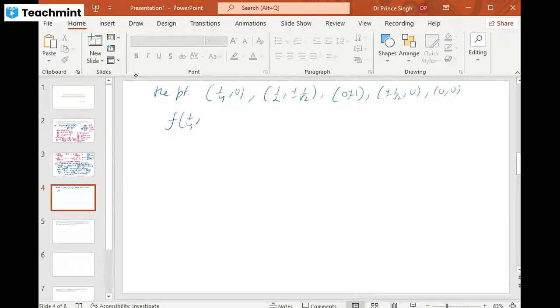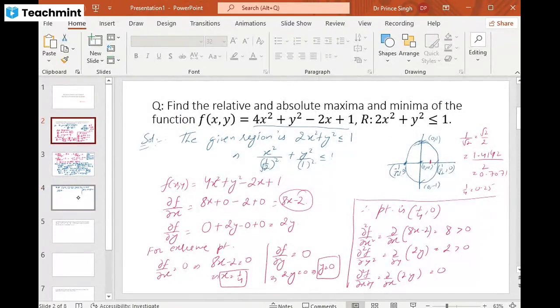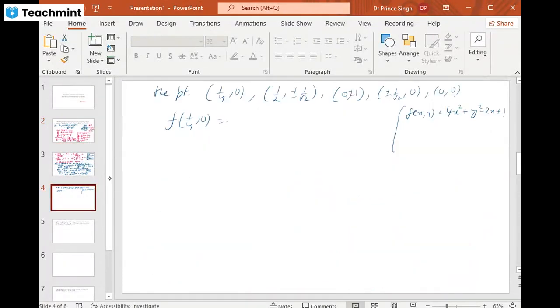So f of 1 by 4, 0. Our function f of x y is 4x square plus y square minus 2x plus 1. So now let us check the value of the function at this point. When x equal to 1 by 4, y is 0.